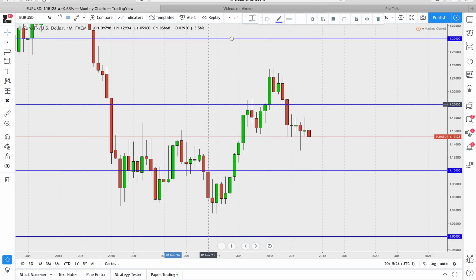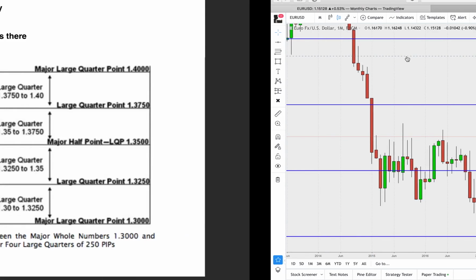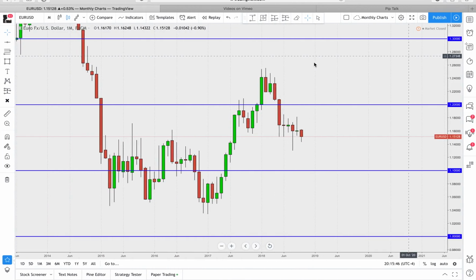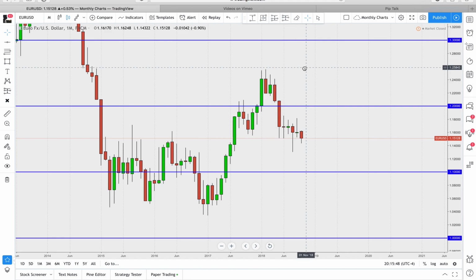And you just make it 1.300. So these are called major whole numbers. Remember that. The market likes to travel in between major numbers and half points, working its way up to the next major number. So let's take a look at this a little bit more.